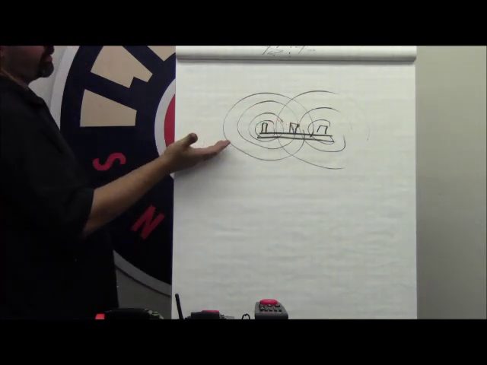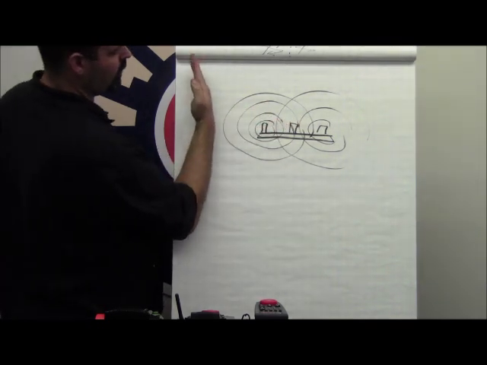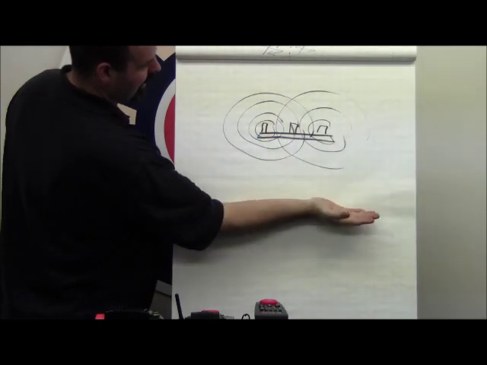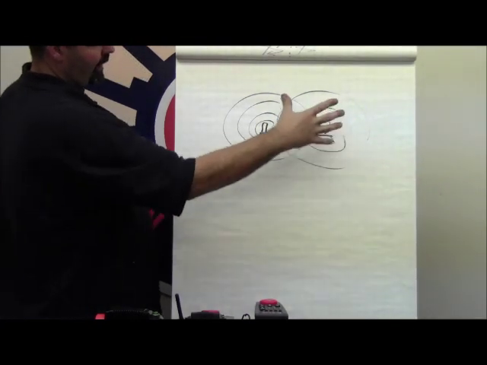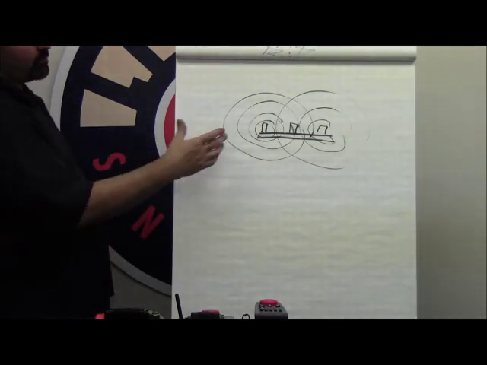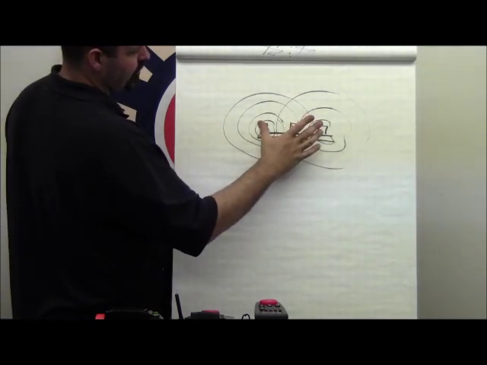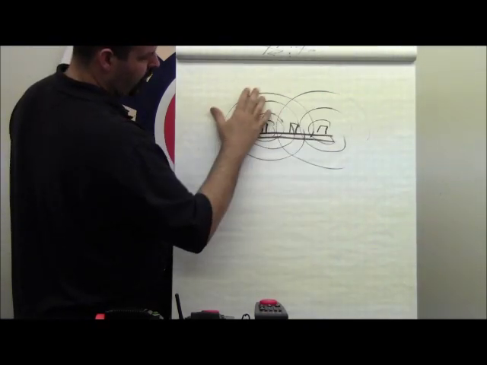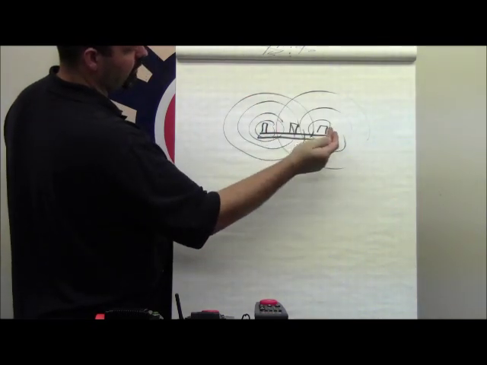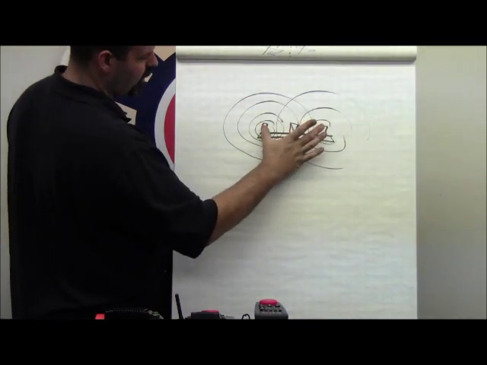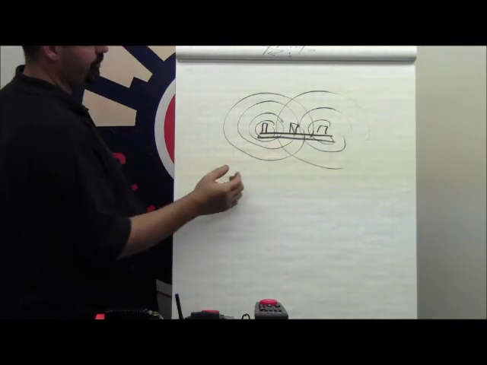So effectively your rails are acting like a vertical radio antenna laid on its side. And that signal travels through the electromagnetic field of the track. It's important to know this because both outside rails need to be tied together.